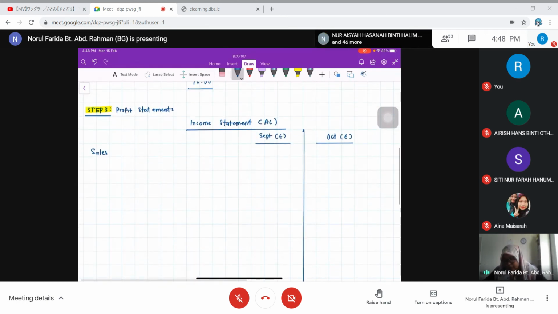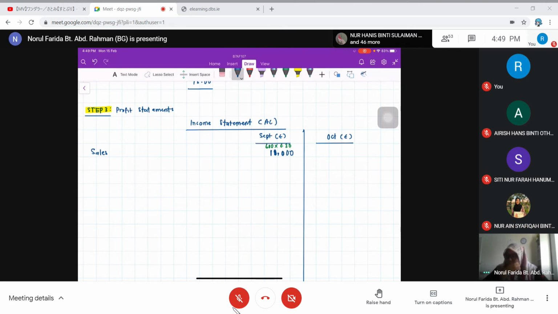So kita akan buat 600 unit. Okay, 600 units. The selling price is 30. Alright. So 600 times 30, you will get 18,000.